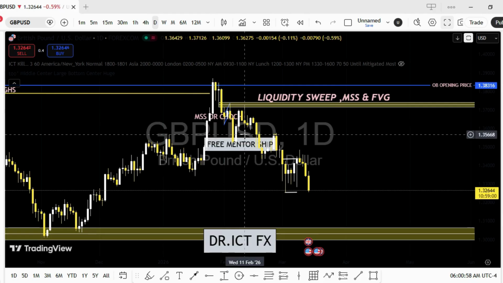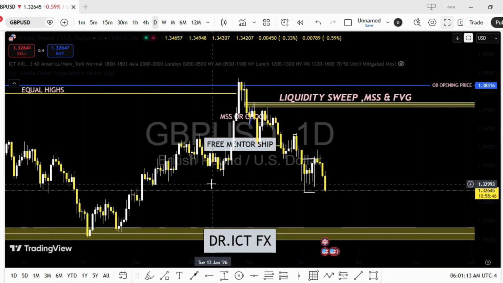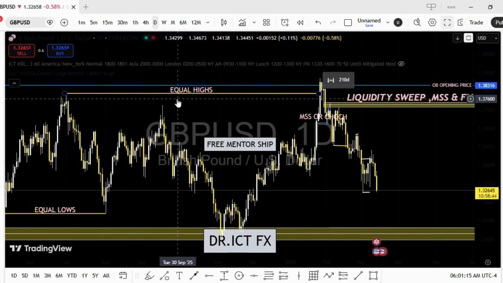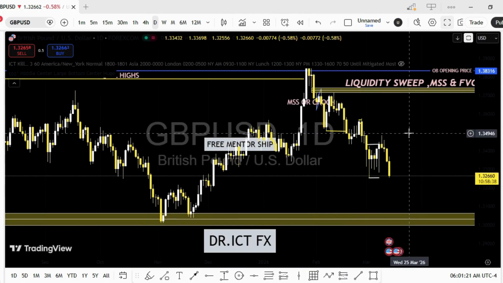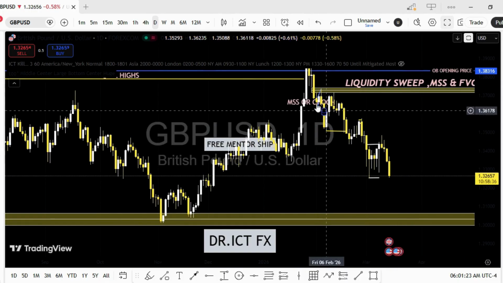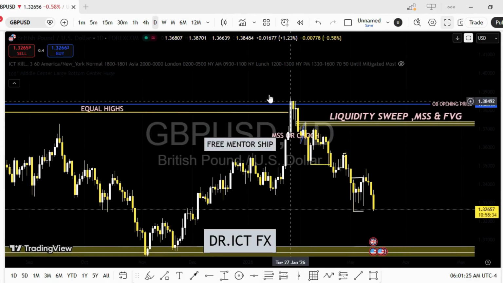So remember folks, I'm emphasizing in the deep premium we look for sell setups after price taps into our order block, fair value gap, breaker block, and the other PDRAs as I will give them on this platform. So after sweeping liquidity above these relatively equal highs, price reversed to the downside. Why? We are in the deep premium.